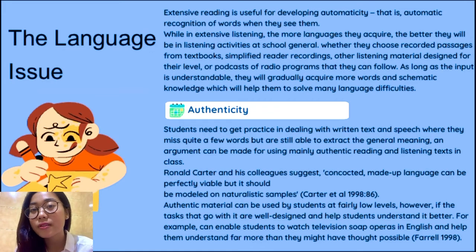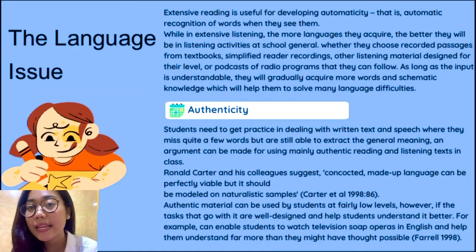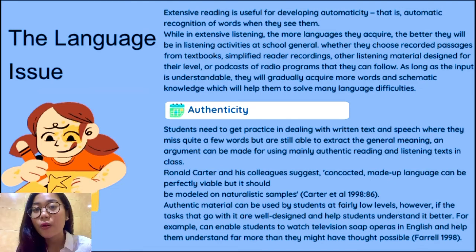And the third is authenticity. Students need to get practice in dealing with written text and speech where they miss quite a few words but are still able to extract the general meaning. An argument can be made for using mainly authentic reading and listening texts in class. Ronald Carter and his colleagues suggest concocted, made-up language can be perfectly viable, but it should be modeled on naturalistic samples.